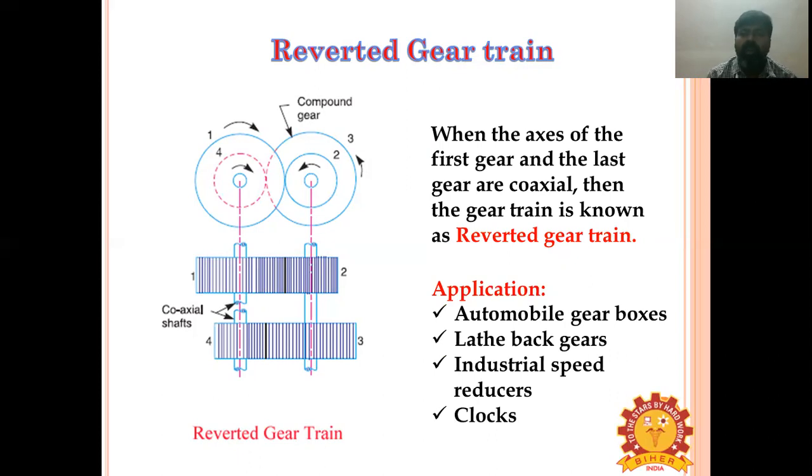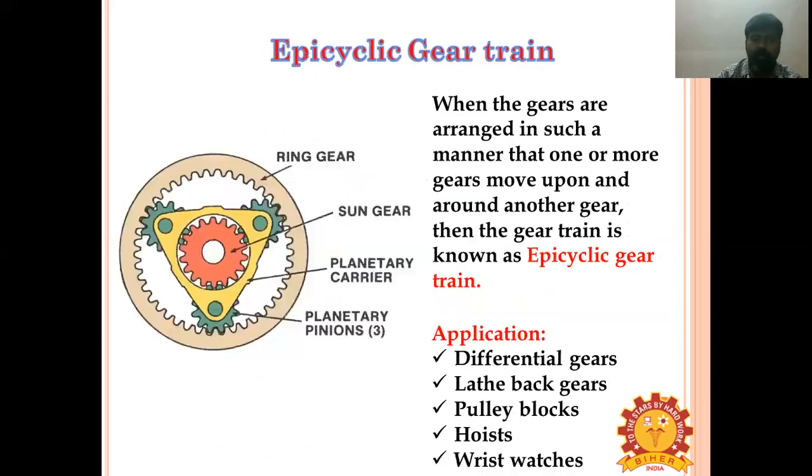Thus, in a reverted gear train, the motion of the first gear and the last gear is the same. The main applications are automobile gearboxes, lathe back gears, clocks, industrial speed reducers, etc.